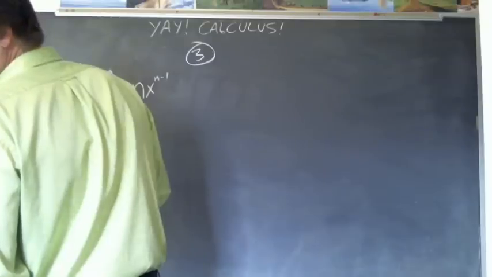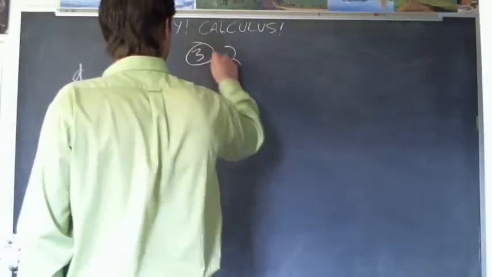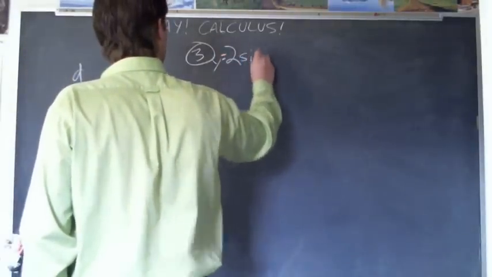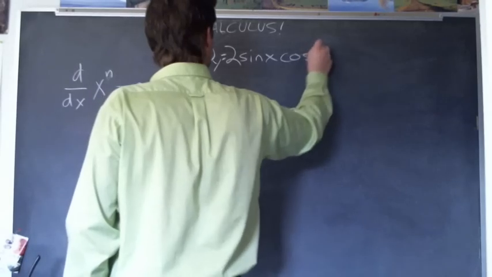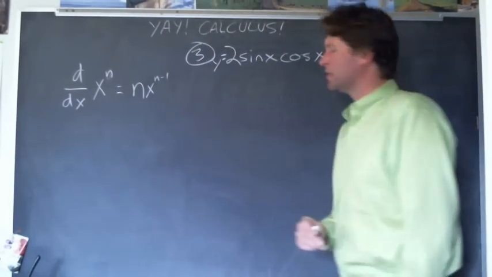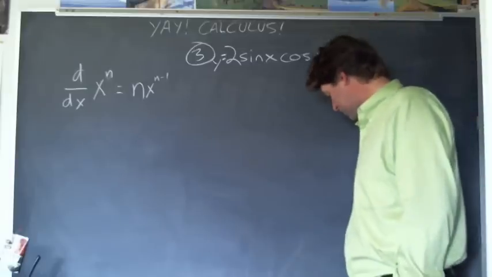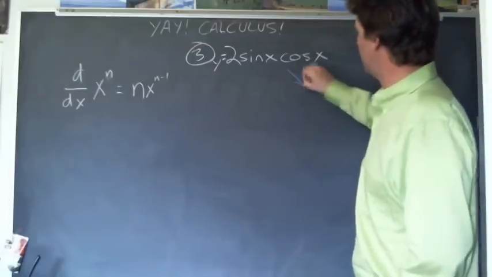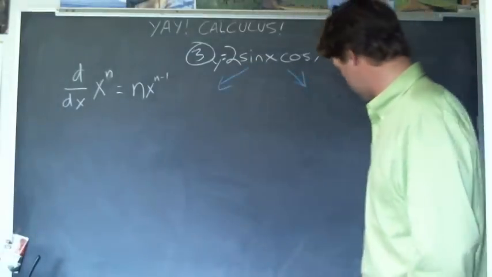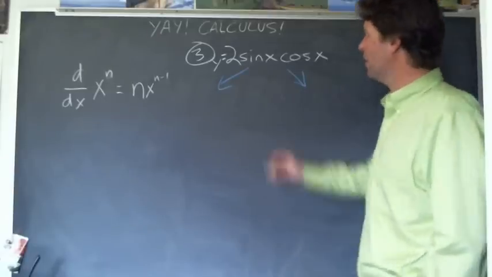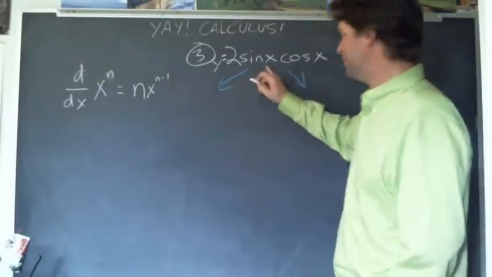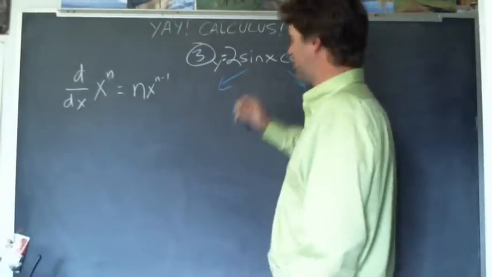y equals 2 sine x cosine x. Now, two ways we can do this. First way, we'll use the product rule.